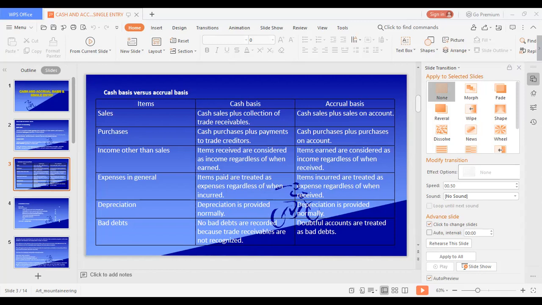So it's a squeeze figure. Goods available for sale. Then we have the inventory on December 31 of 2.5 million. Again, it's given. So we have cost of goods sold of 5,300,000 given.